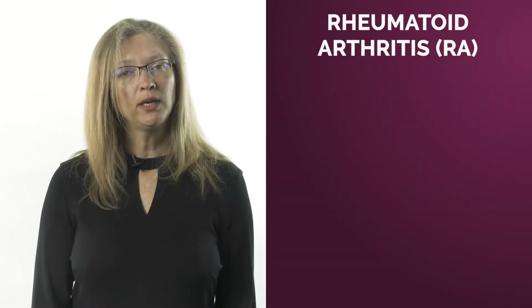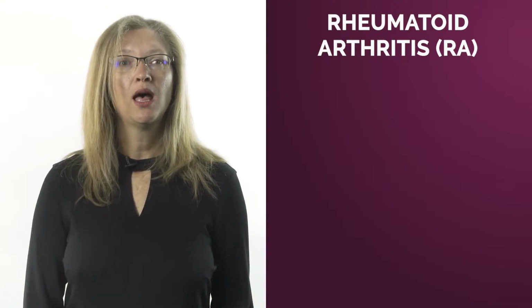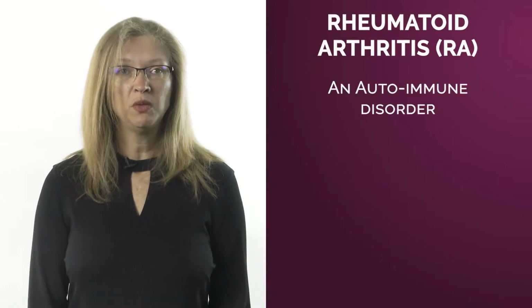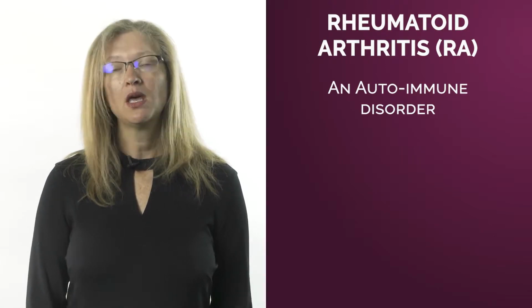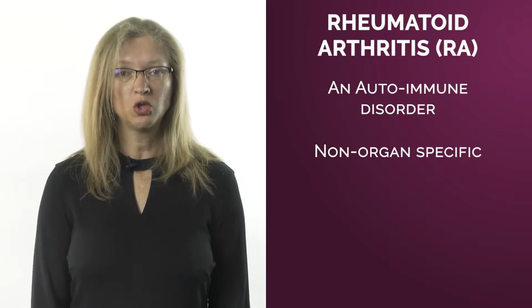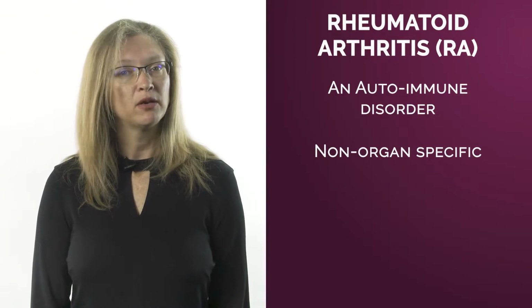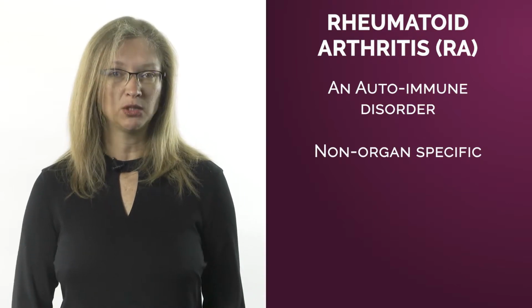Today we are going to focus on rheumatoid arthritis to gain an understanding of the important aspects to consider in underwriting and claims assessment. Rheumatoid arthritis is part of a group of disorders that are termed autoimmune disorders. Rheumatoid arthritis is a non-organ specific autoimmune disorder, as not only the joints, but other body areas can be affected as well.